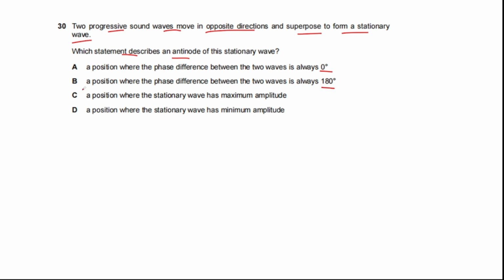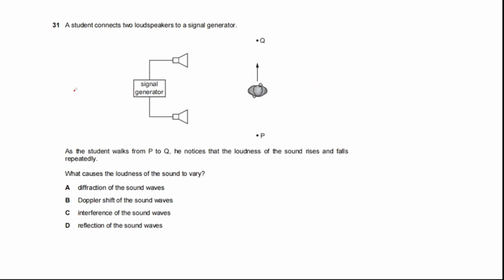The amplitude has nothing to do with the phase difference. So it will be either C or D. The maximum amplitude is called an antinode, and the position where the stationary wave has the minimum amplitude is the node. So the correct option is option C.